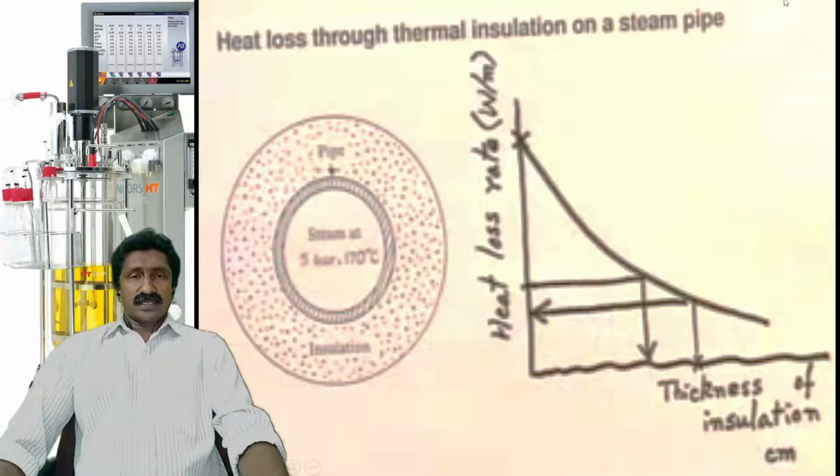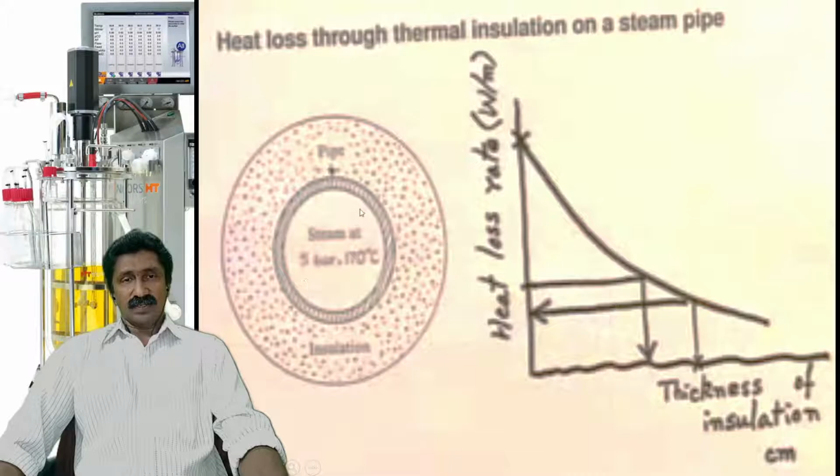Here you can see there is a pipe in which steam at a high pressure or a high temperature is running through this pipe, and this is the interior of the pipe, and this is the wall of the pipe, and this portion is the insulator.